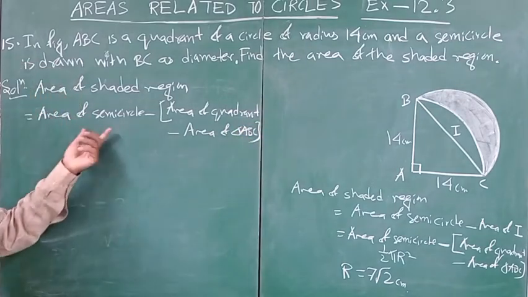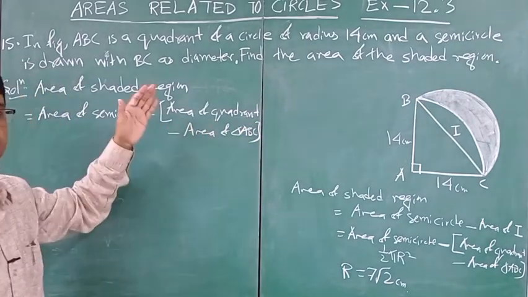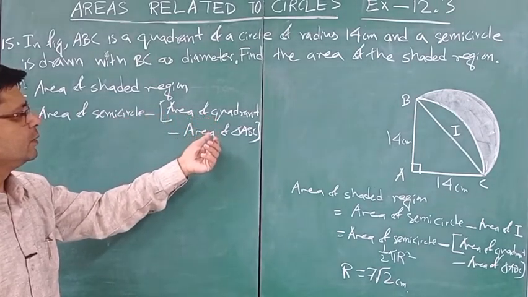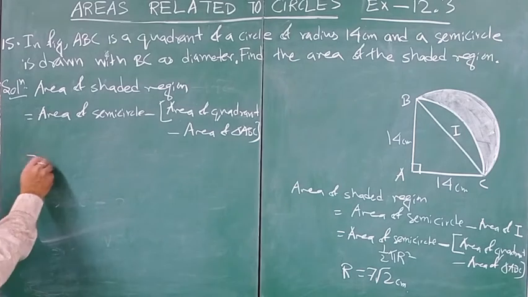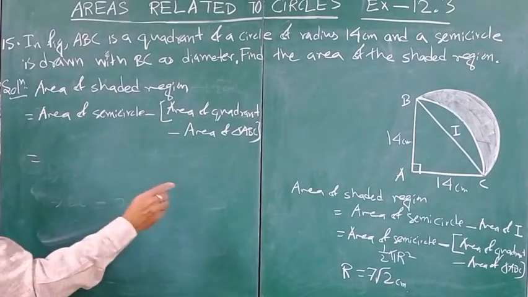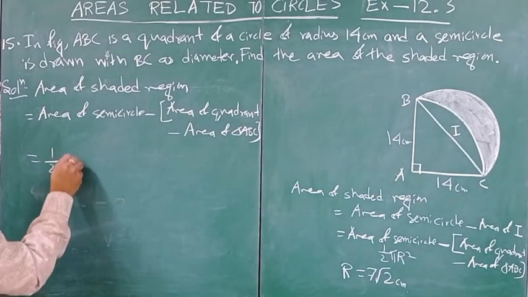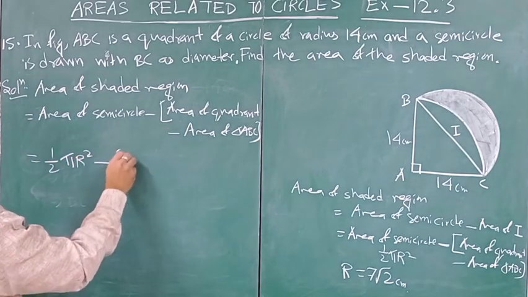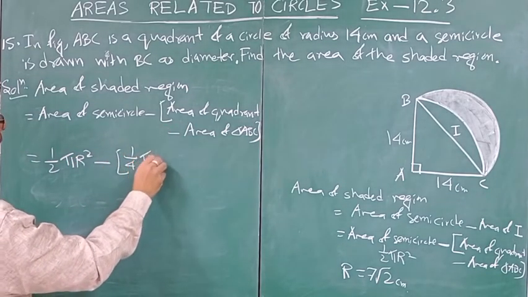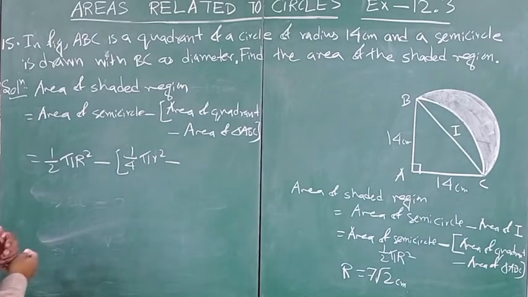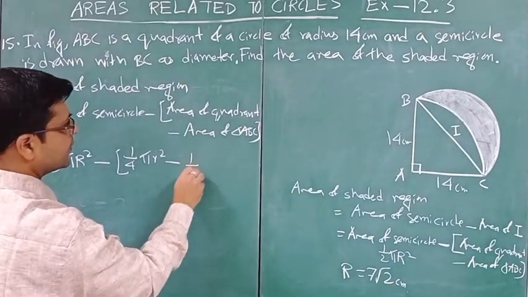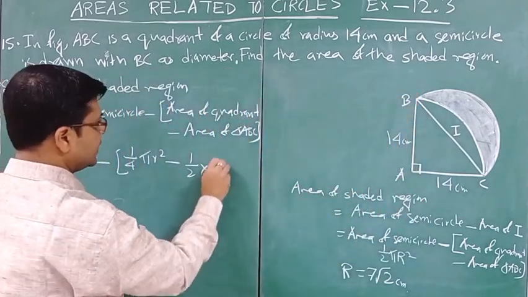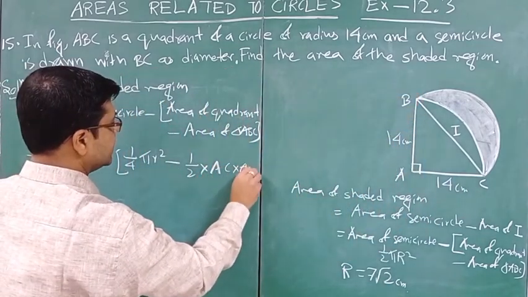If we find individually the area of each, the sum will be very lengthy. That's why we are finding the values of area together. So area of semicircle, it is half pi bigger R square minus area of quadrant 1 by 4 pi r square minus area of triangle ABC, half into base is AC, height is AB, AC into AB.